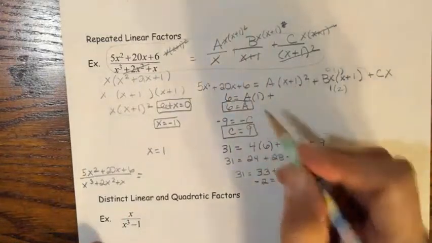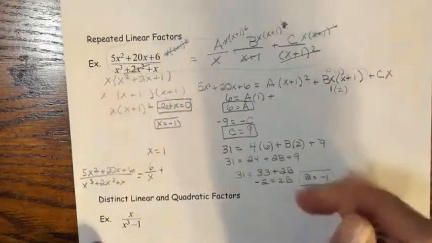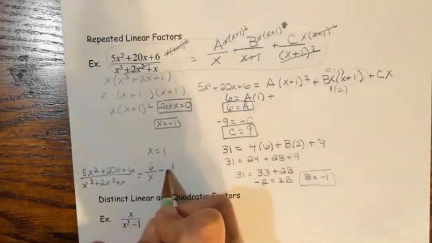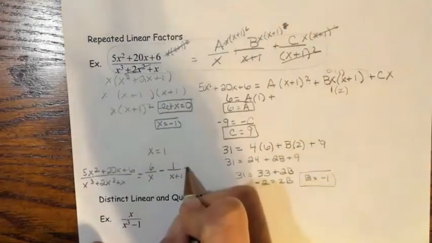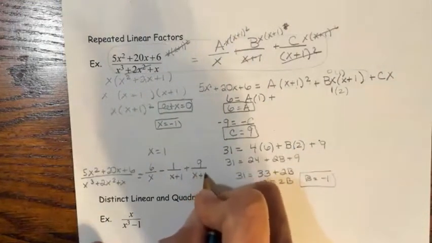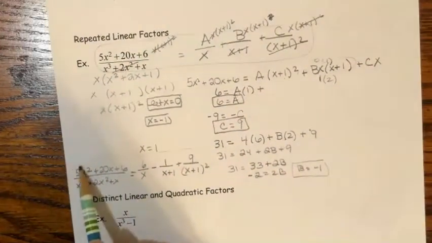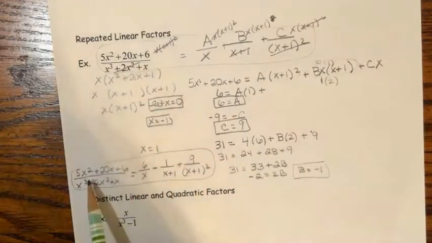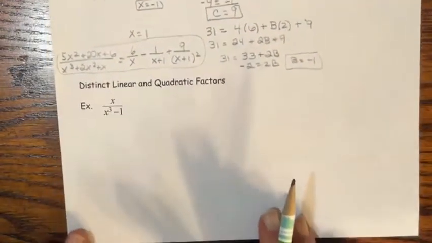Well, we said a is 6, so 6 over x, plus b is negative 1, so actually minus 1 over x plus 1, plus c, which is 9 over x plus 1 squared. So these are the partial fractions that add to give me this original fraction. So again, that's what we're doing here.